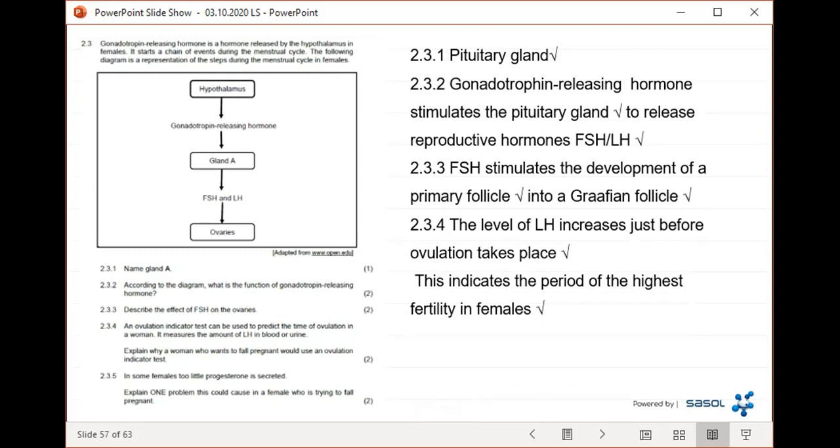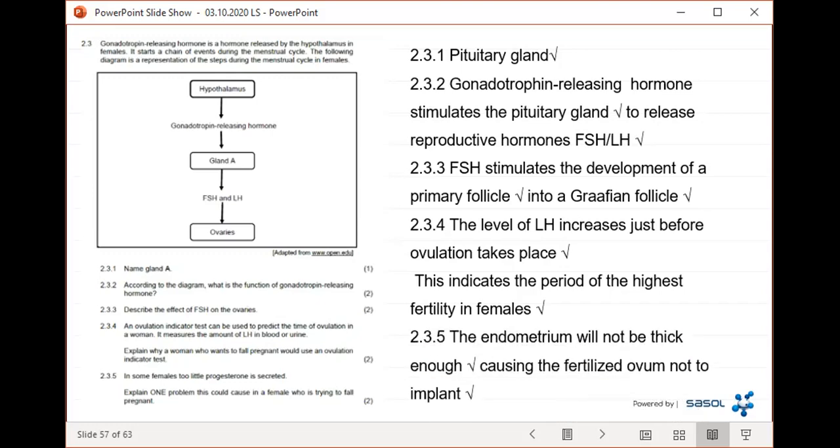In some females, too little progesterone is secreted. Explain one problem this could cause in a female who is trying to fall pregnant. So, guys, just another thing, the function of progesterone, it works in the thickening of the endometrium, or maintains the lining of the uterus or the endometrium.